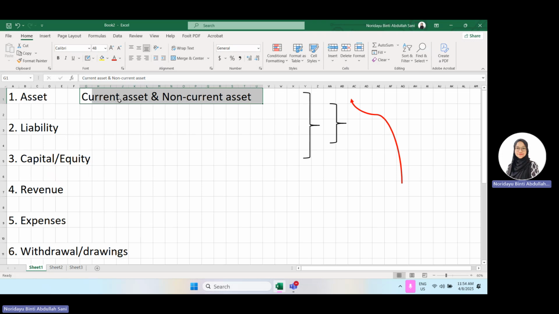So what is trade receivable or account receivable? You sell your goods, your product, or your services to your customer. Your customer is not able to pay at that time. They'll pay later. So you are going to collect this credit sales from your customer in the future, not now.